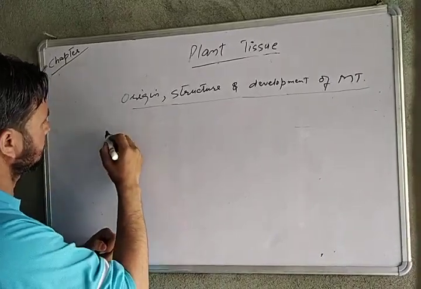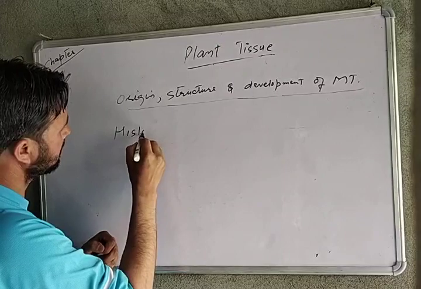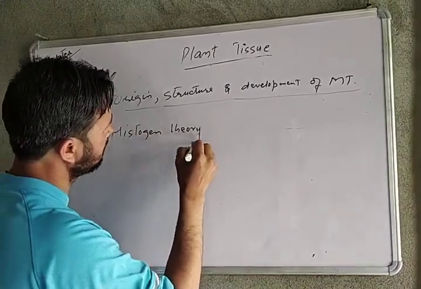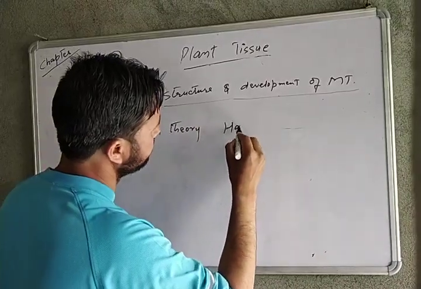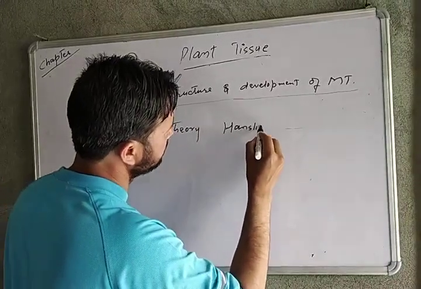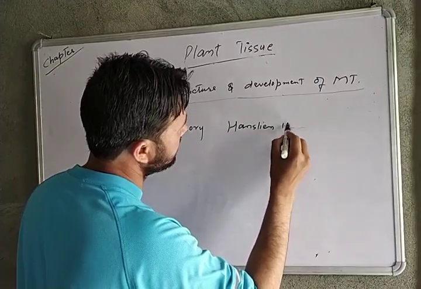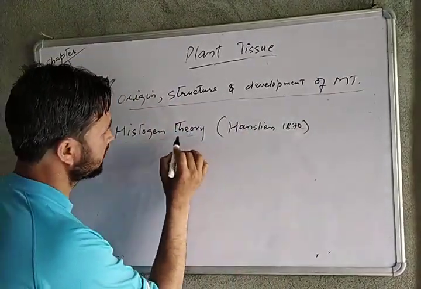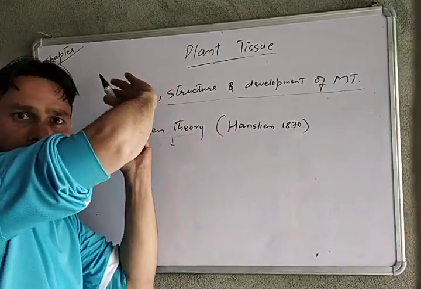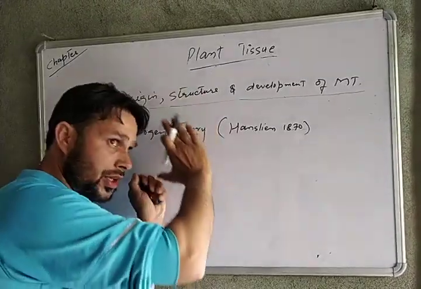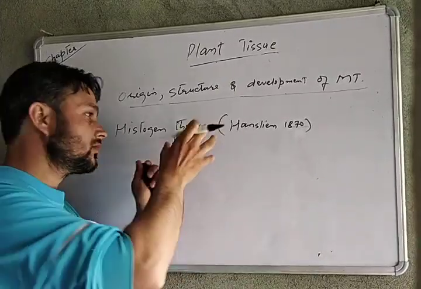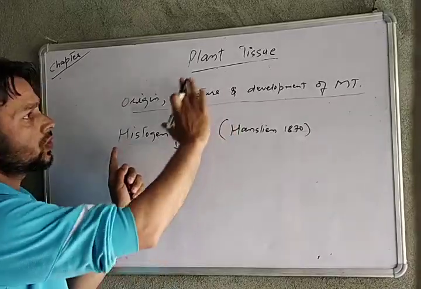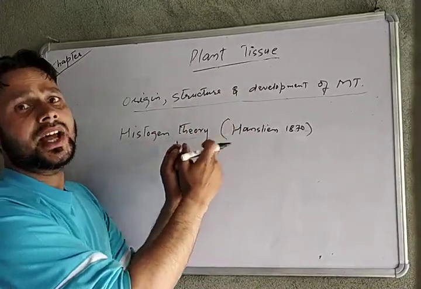Like histological theory, given by Hanstein, 1870. What does histological theory say? If we are talking of apical meristem, if we take shoot apical meristem, it says this whole structure has three parts.